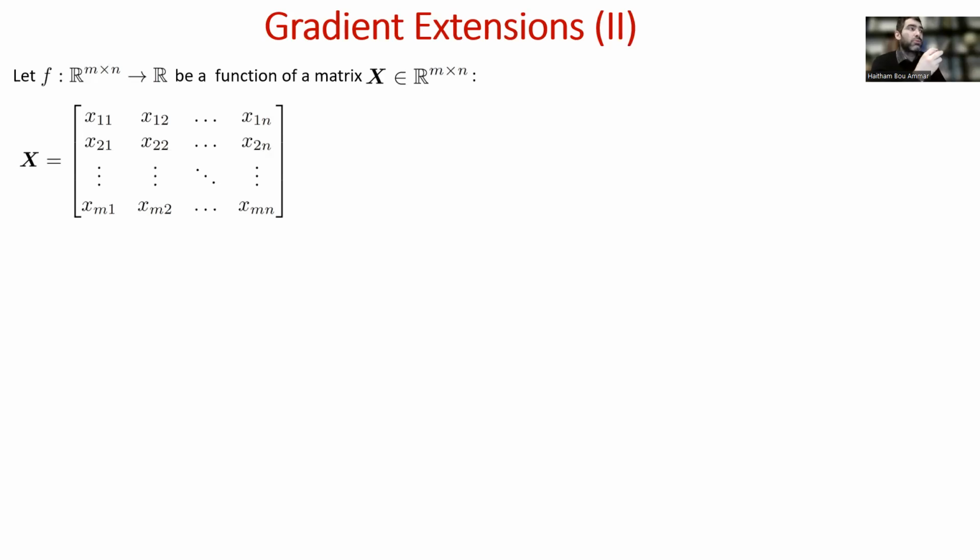But now we consider the case where the function takes a value which is an n by n matrix itself, and outputs a scalar, just a number. So that's called a matrix function, and its input x is an n by n matrix, which can be written in the general form as presented here.